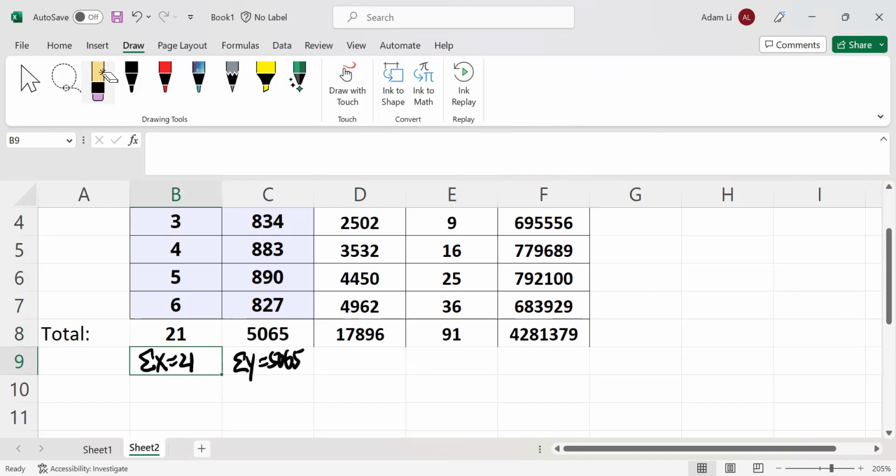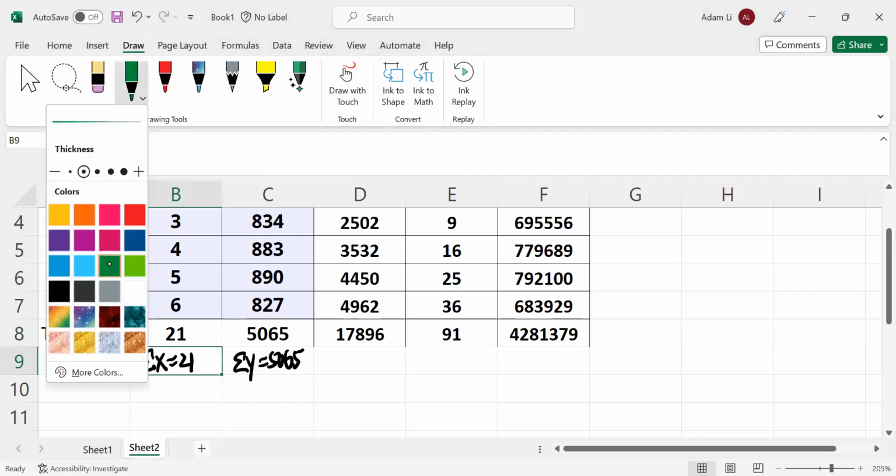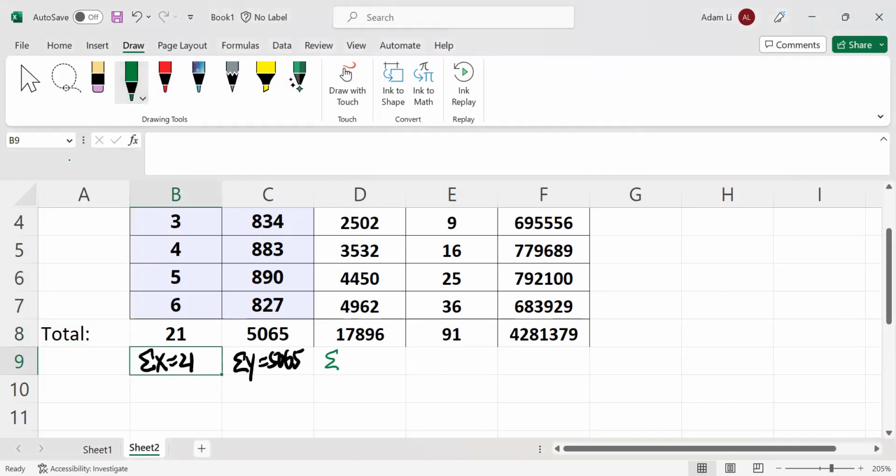Give me a second, let me quickly modify a little bit, the color and the size. Total of XY is 17896. Total of X squared is 91. Total of Y squared is 4281379.